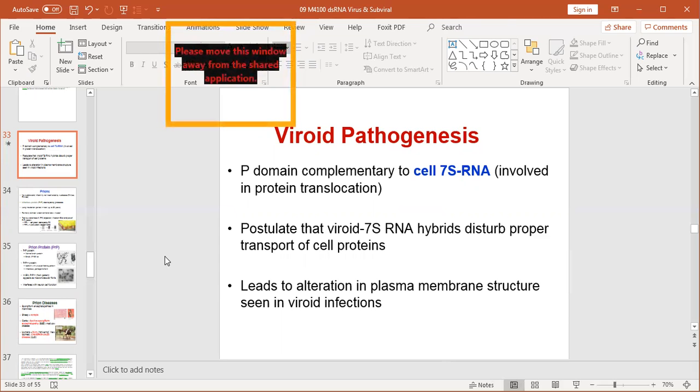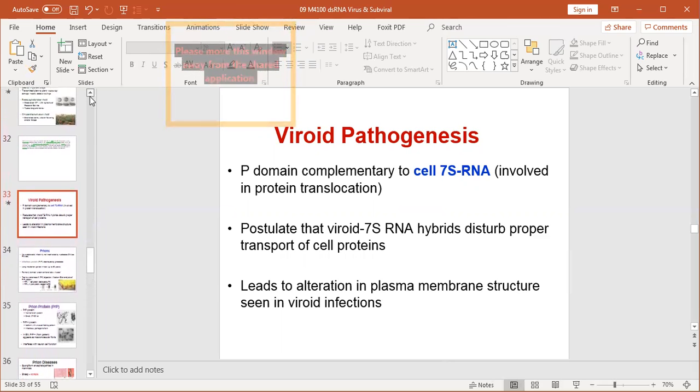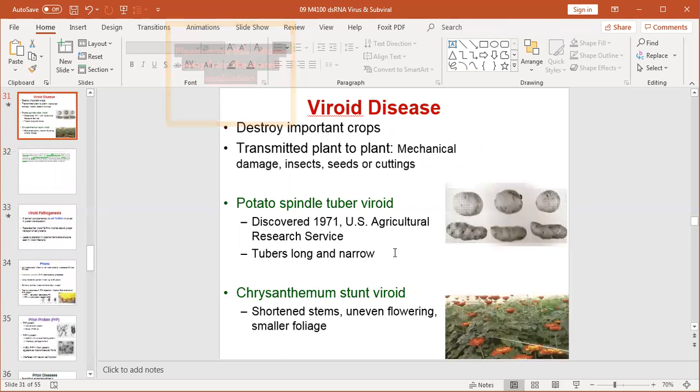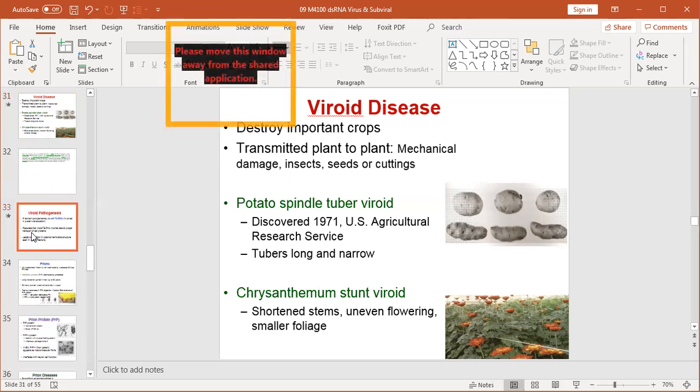Once the proper transportation is disrupted, this results in alteration in plasma membrane structure that we see in viroid infection. Remember, on the previous slide, I mentioned that the tubers of potato are narrow and long due to disturbed and disrupted protein translocation.